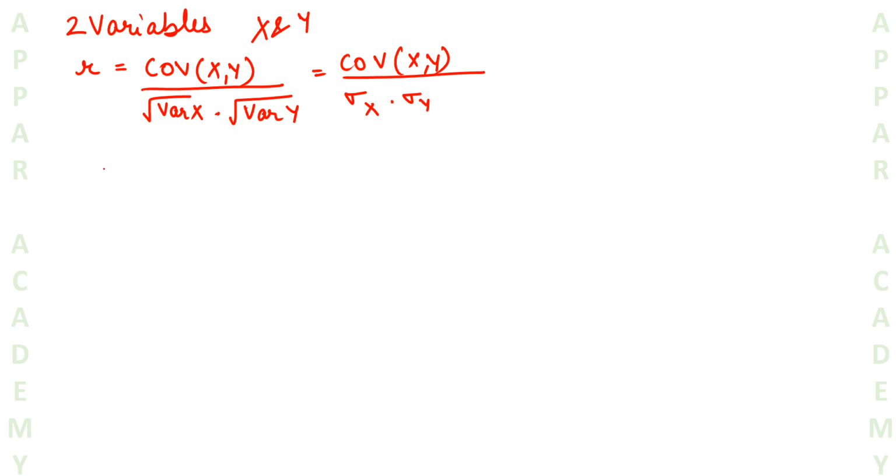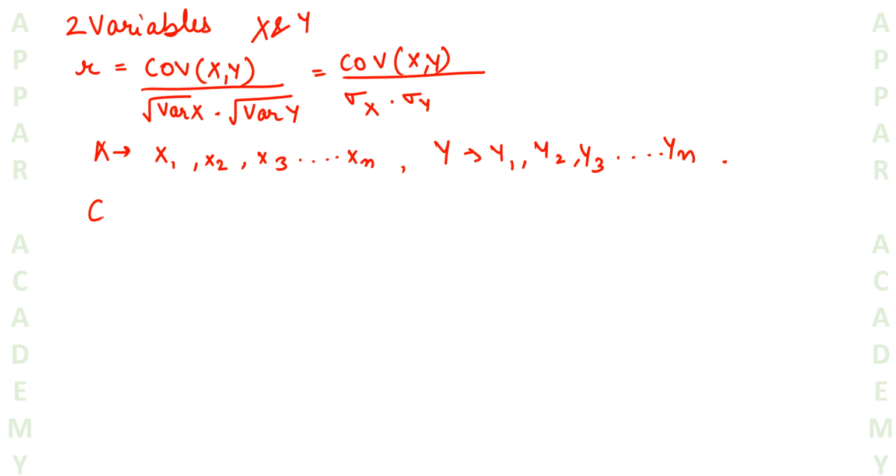Now, let's suppose x observes the values x1, x2, x3 till xn, and similarly y observes the values y1, y2, y3 till yn, right?